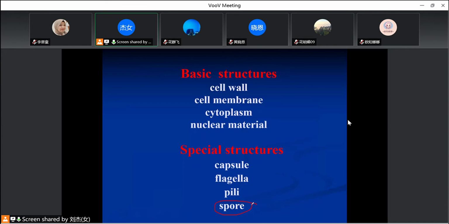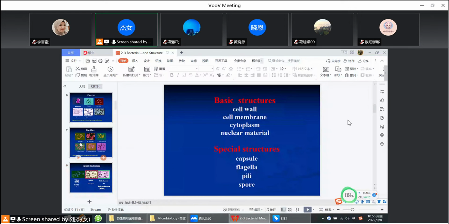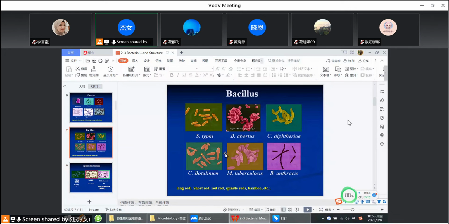Spore? Let me just show you. We will learn it later, but right now I just want to show you a spore. Here in this picture, you may notice the different shape between this rod and the other bigger rod, which has a fat body.